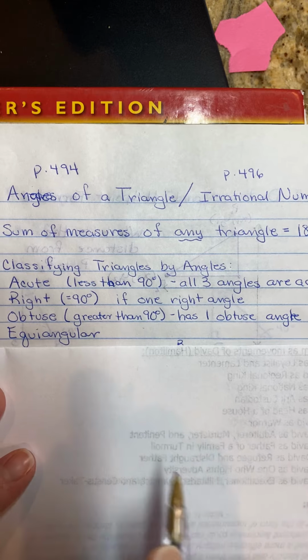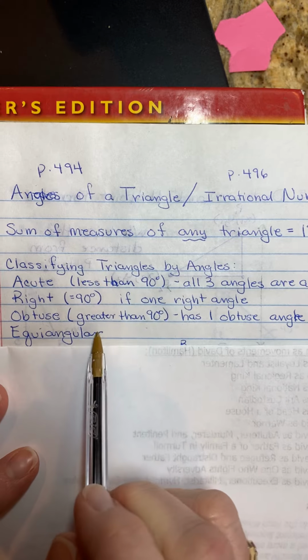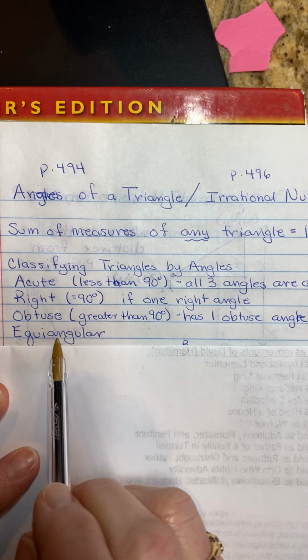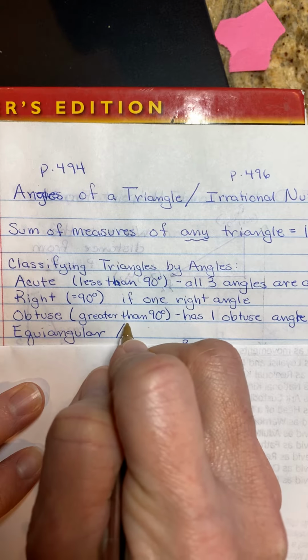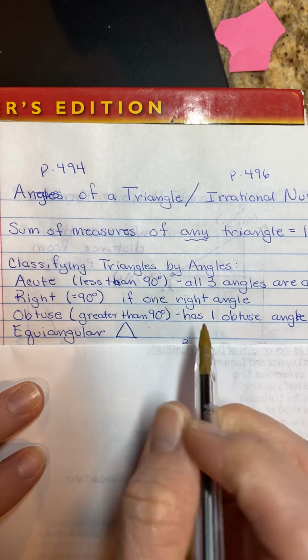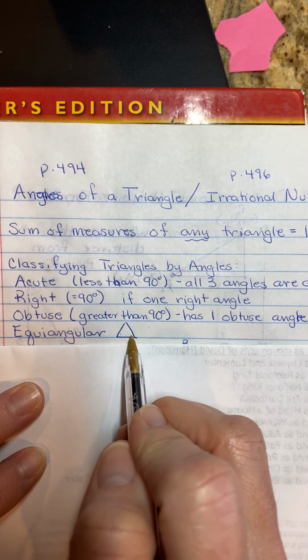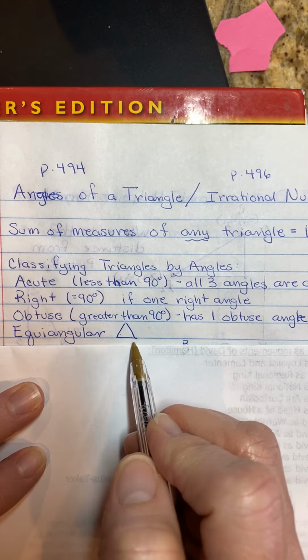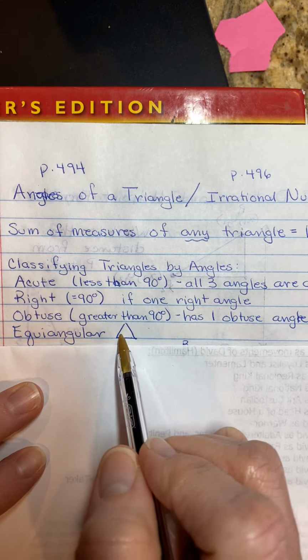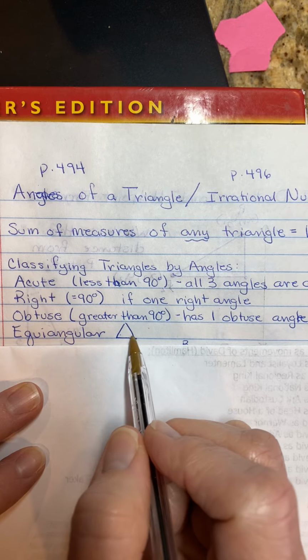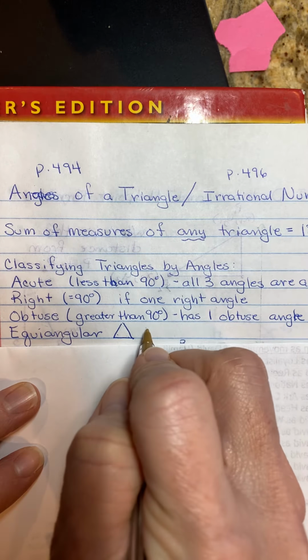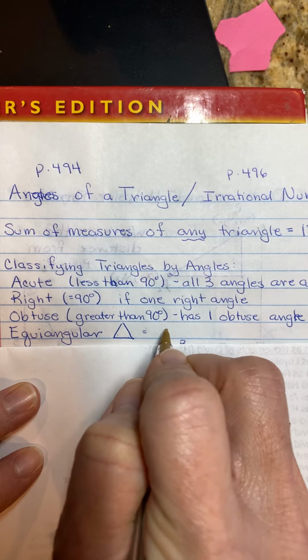And then the last type of triangle is equiangular. That means all three angles are the same. And we'll learn that equiangular also means equilateral. But think of this with me. If we have three things that add up to 180 and they're all the same, then each angle would be 60 degrees.